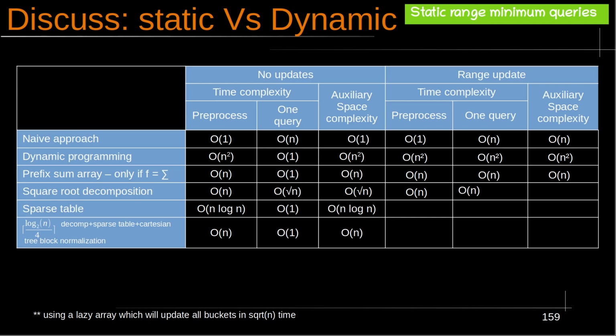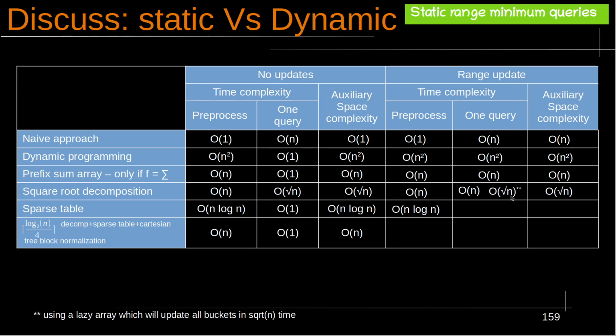Same with the square root decomposition. We have to rebuild all the array of blocks. But here, I think there's a technique, using what we call a lazy array, that reduces the time of a single query to square root time complexity. For the sparse table, the same.